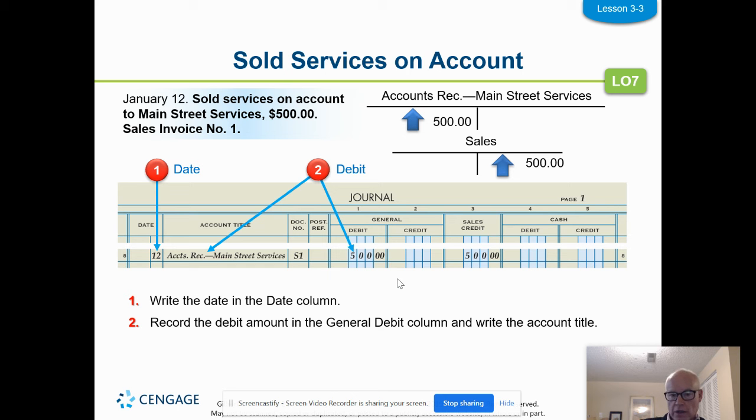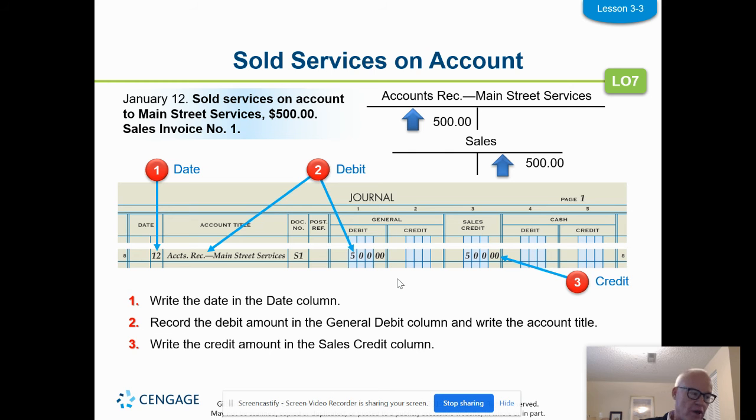I had one big account called accounts receivable, and kept a subledger of all of the companies that owed us money. $500. Right, the credit amount in the sales credit column, because we sold something. So over there we have a credit of $500 to sales. And again, at the end of every transaction that we journalize, debits equal credits, assets equal liabilities plus owner's equity.